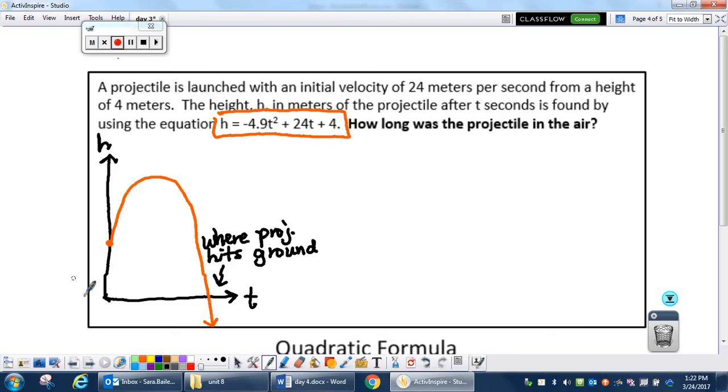So that is what we're going to be calculating today using the quadratic formula. And we're only going to be getting the positive x value. So in the real world question, you want the positive x value.